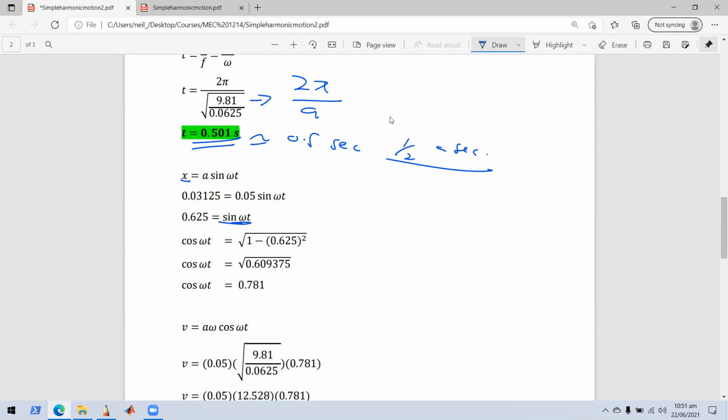So cosine omega t is equal to the square root of 1 minus 0.625 squared. Breaking this down, we get the square root of 0.609375. Plugging this into a calculator, we get cosine omega t is equal to 0.781.